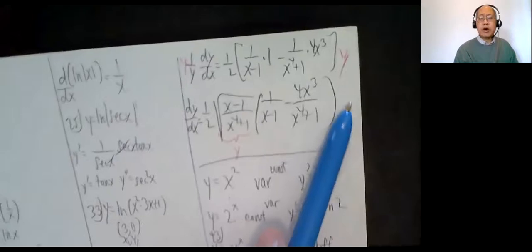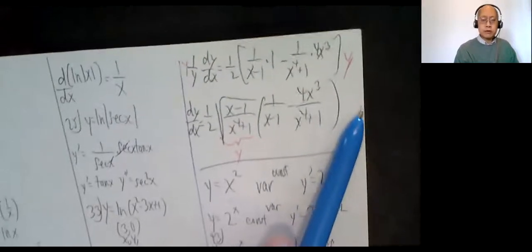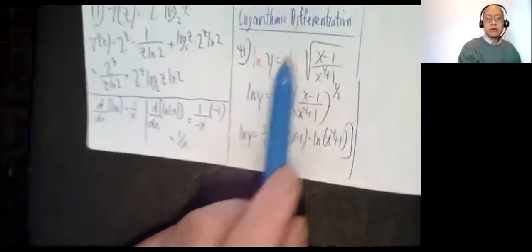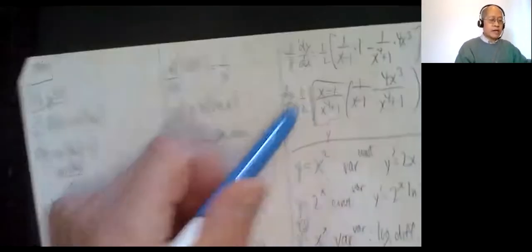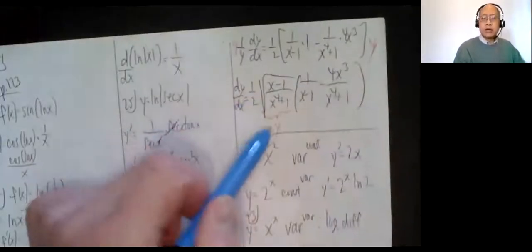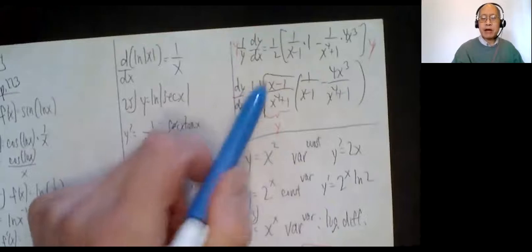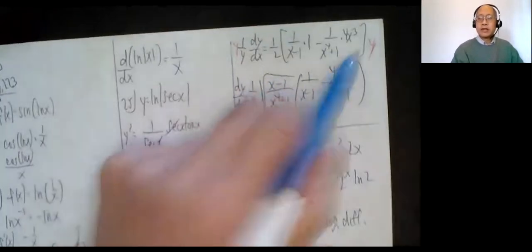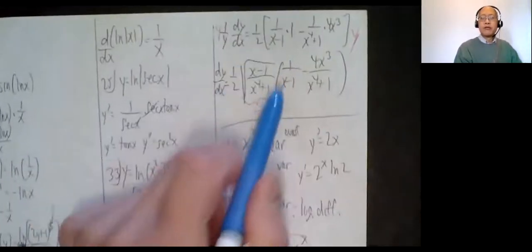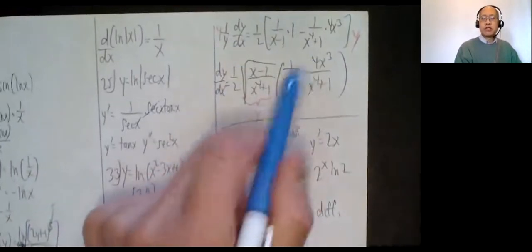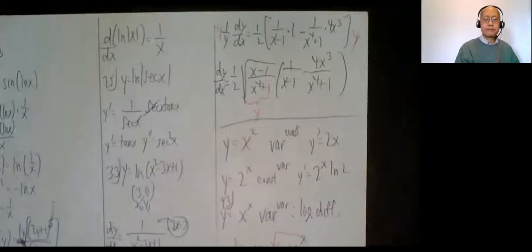But in your final answer, dy dx, don't write it as y. Write what it was equal to. What it was originally equal to was this mess, this square root, right? So the best way to write the final answer is 1/2. Here's the y. Normally we sneak it back in front. So 1/2 that y radical x minus 1 over x to the 4th plus 1 times this new stuff: 1 over x minus 1 minus 4x cubed over x to the 4th plus 1.